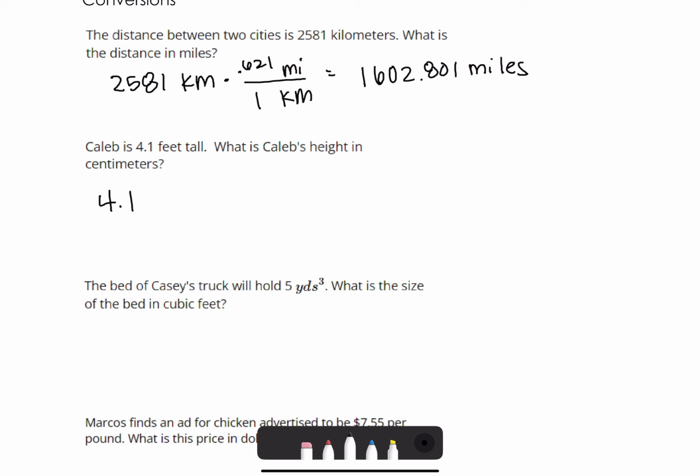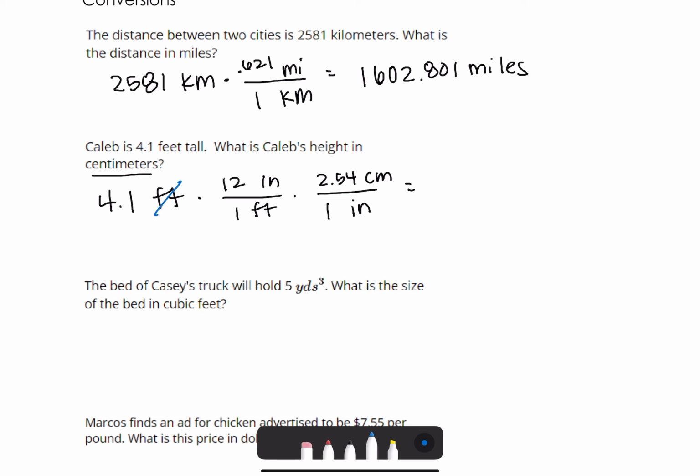Next, Caleb is 4.1 feet tall, and we know we're going to centimeters. They have a unit conversion on your formula sheet for inches to centimeters. So let's convert this to inches, and then we can do 1 inch is 2.54 centimeters.